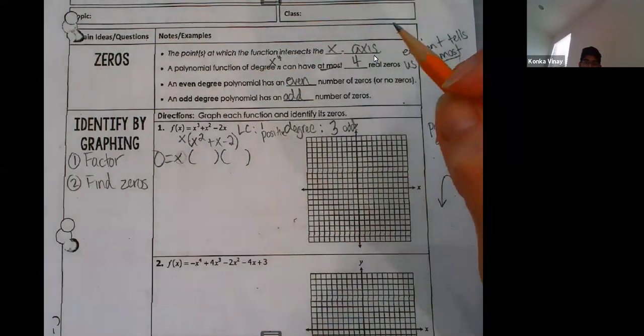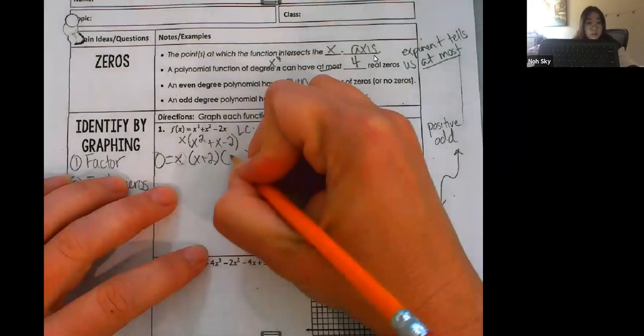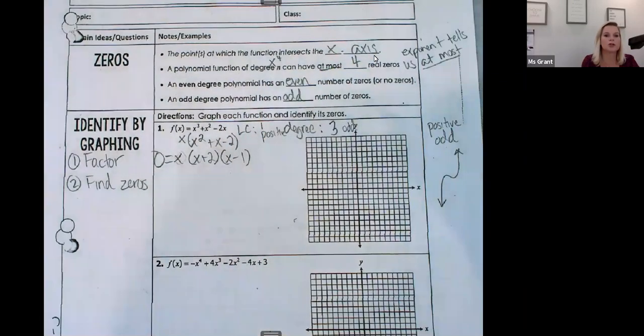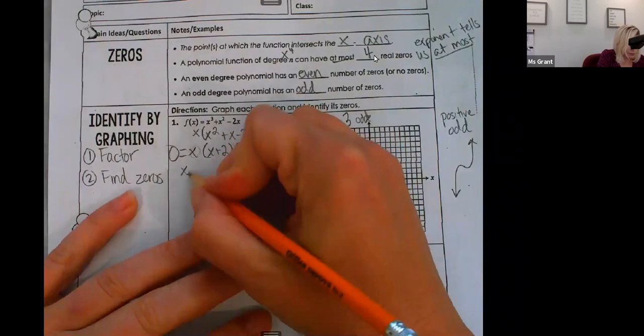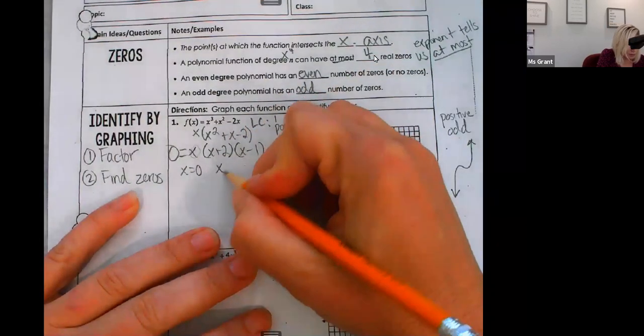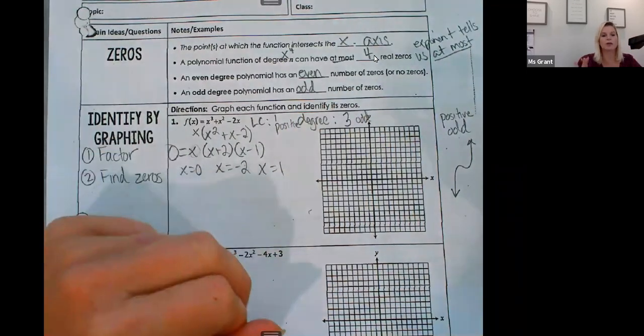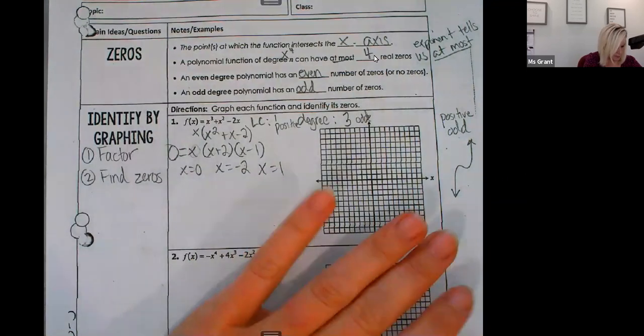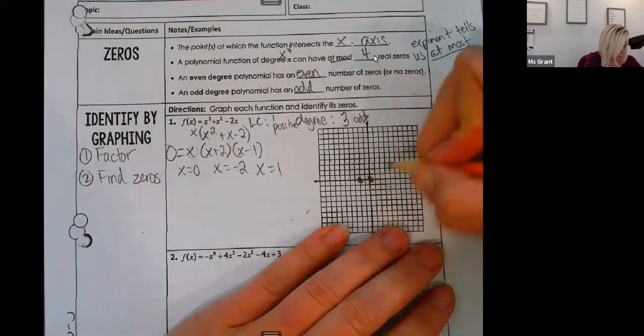Is it x plus 2 and x minus 1? Yep. That means, you guys, that those are my zeros. I have a 0 at x equals 0, at -2, and at 1. So I'm going to mark those on my graph right now: 0, -2, and 1.